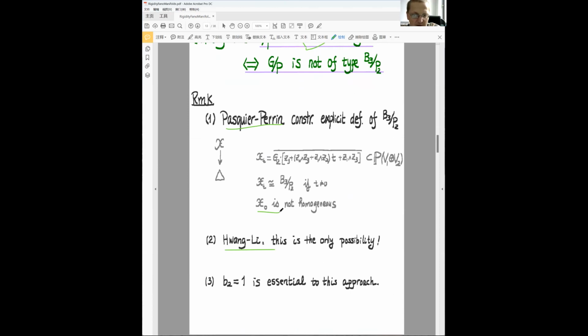And can it go the other way around? If your central fiber is the Grassmannian, then sufficiently near fibers are also Grassmannian. G/P are locally rigid, so if the central fiber is G/P, the nearby fiber is also G/P.